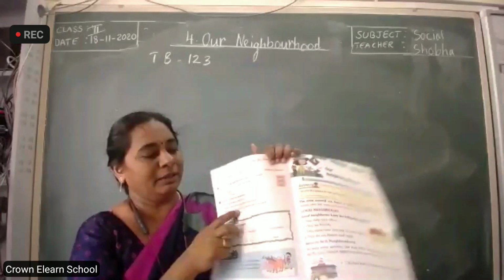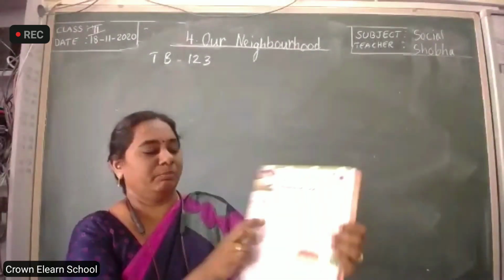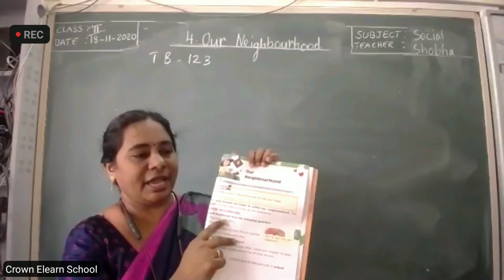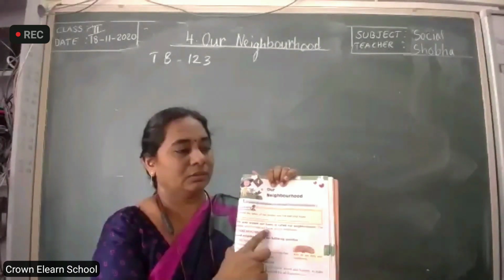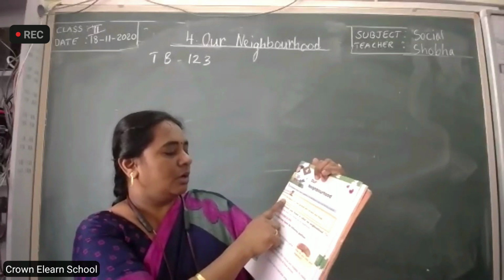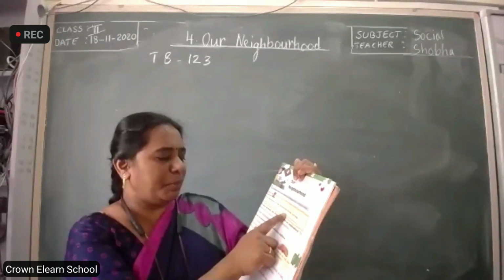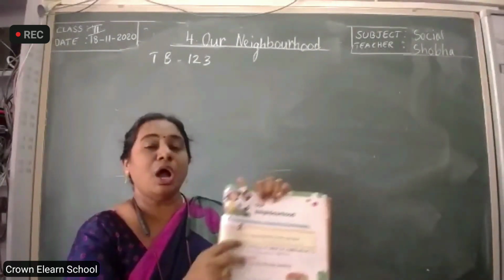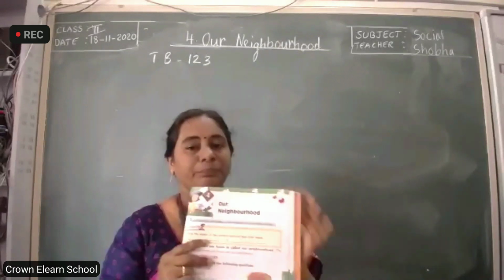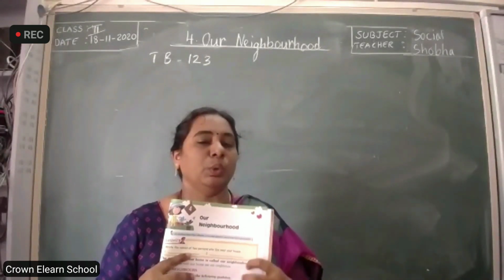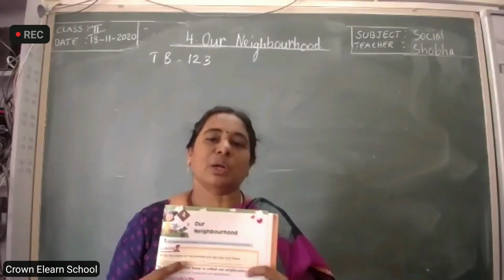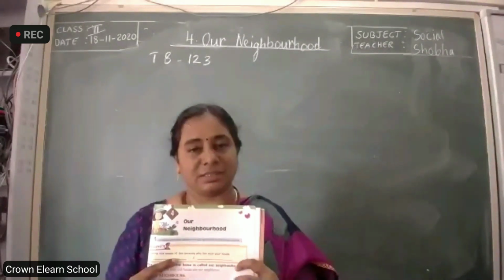See here, beginning of the lesson activity they have given. Write the names of 2 persons who live near your house. Okay. So, how are they called? People who live near our house are called neighbors.